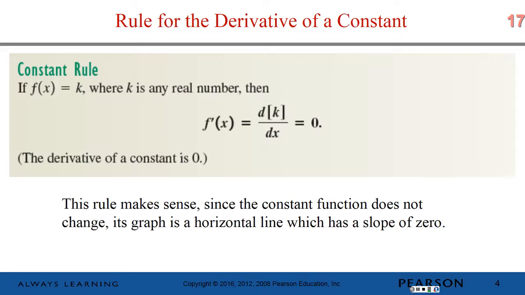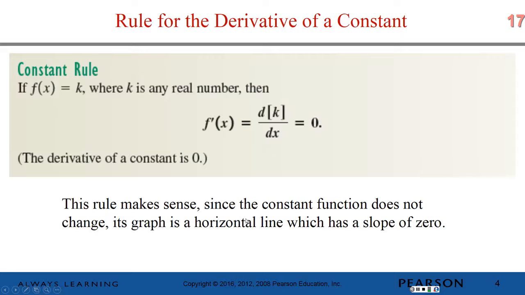Doesn't matter how big or how small the constant is, the derivative of a constant is always 0. Which means if I was taking the derivative of f of x equals 6, then f prime is 0. Doesn't matter what x is. The derivative is 0. Okay?